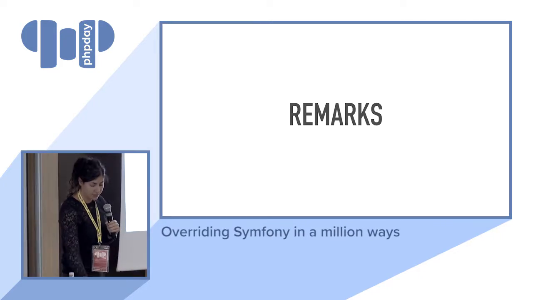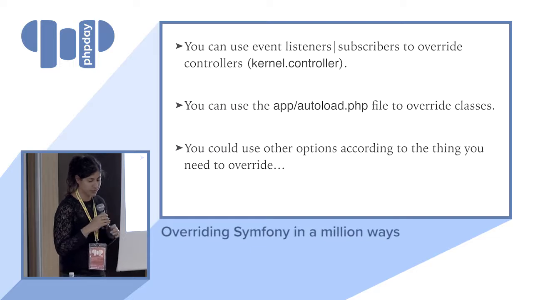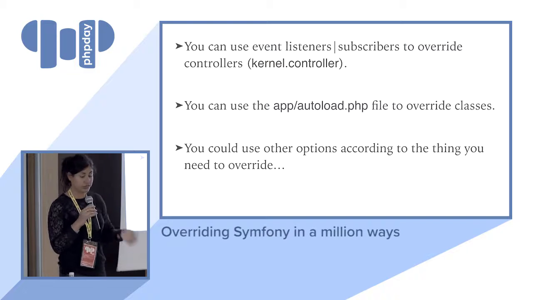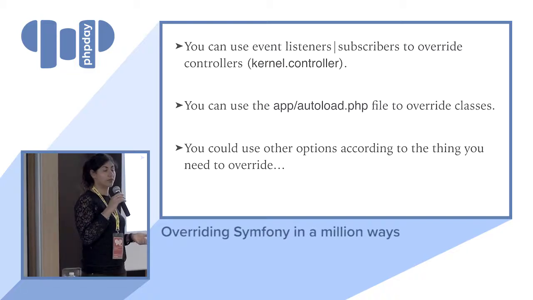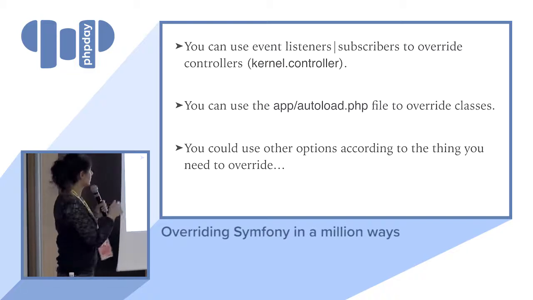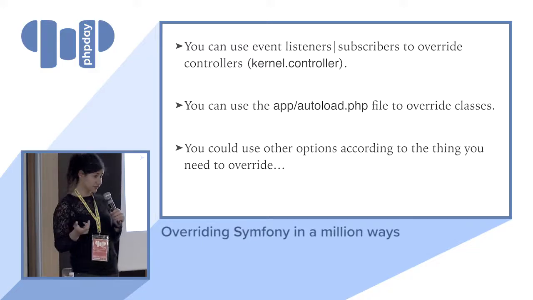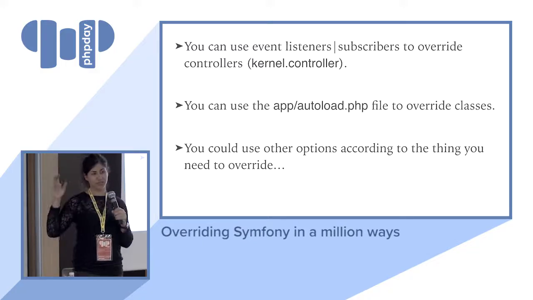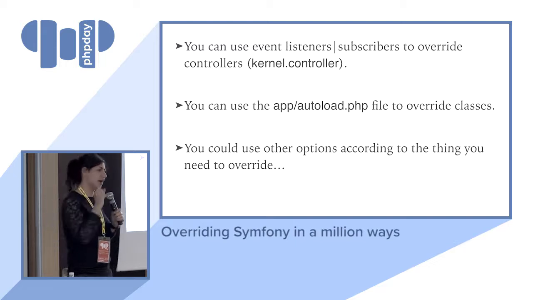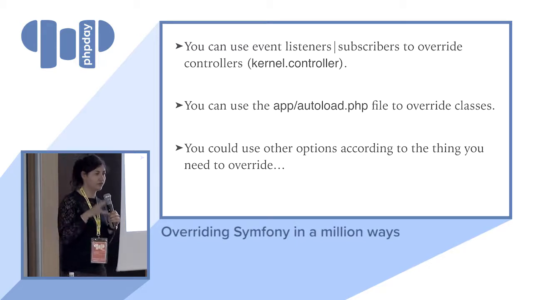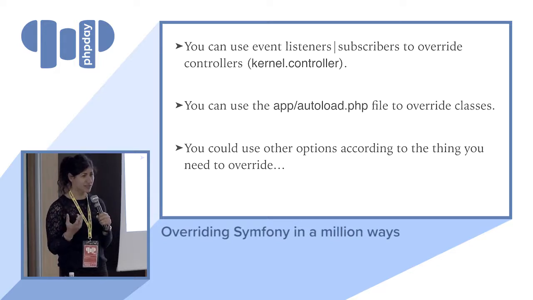I have some remarks. The first one is that I didn't talk about listeners or even subscribers, but of course you can use them for controllers. You just have to listen to the kernel.controller event and say, okay, instead of taking this controller, I will set this controller instead. But you have to know that when you are using event listeners or subscribers, it's really hard to debug.